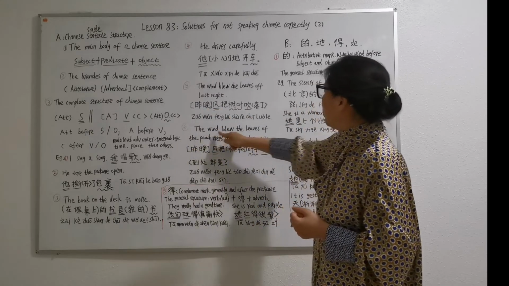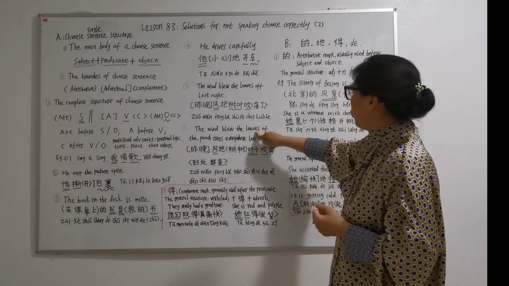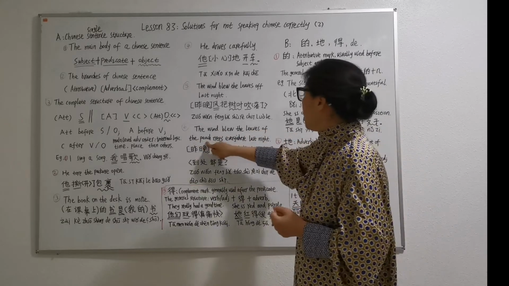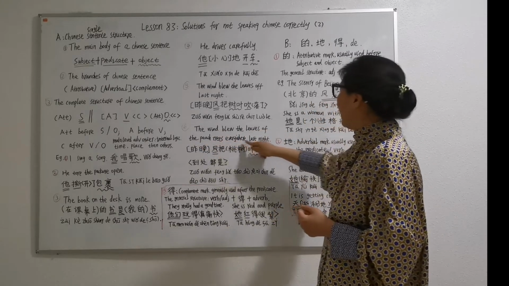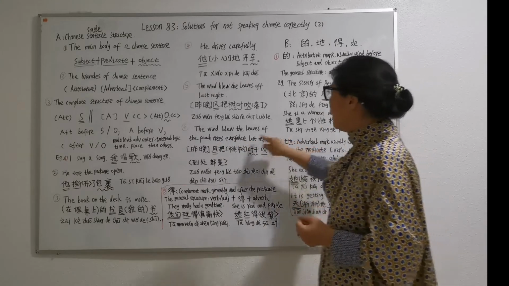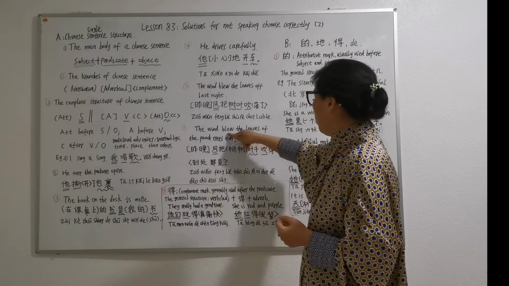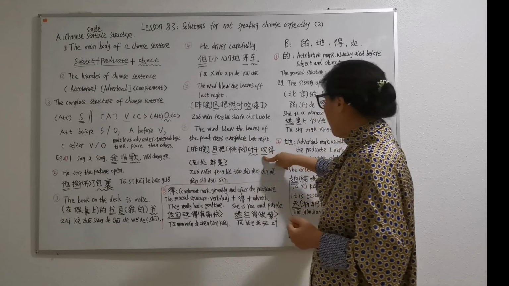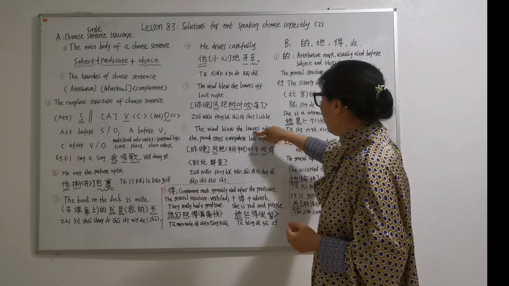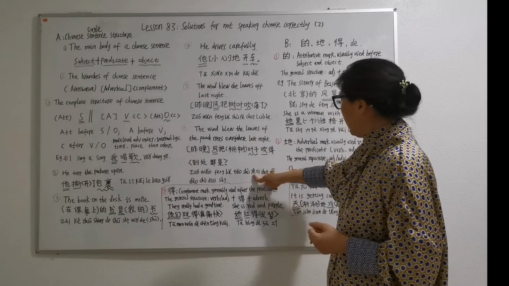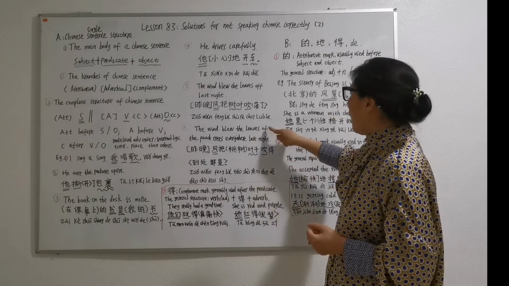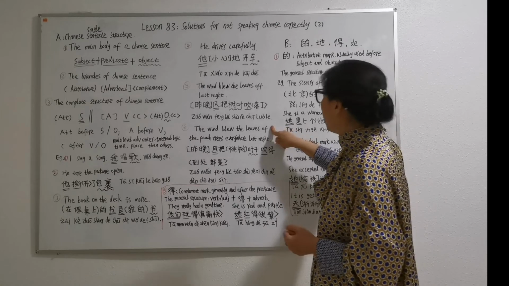The wind blew the leaves of the peach trees everywhere last night. The wind 风 blew 吹 the leaves 叶子 off 得.